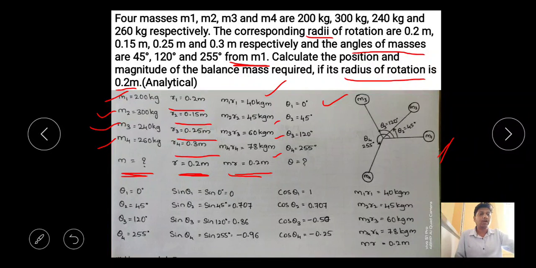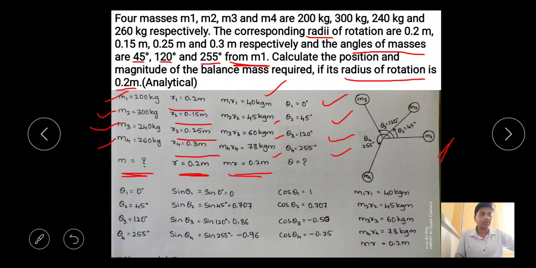From m1, the first angle given is 45 degree, that will be theta 2. Then theta 3 is 120 degree, and theta 4 is 255 degree.